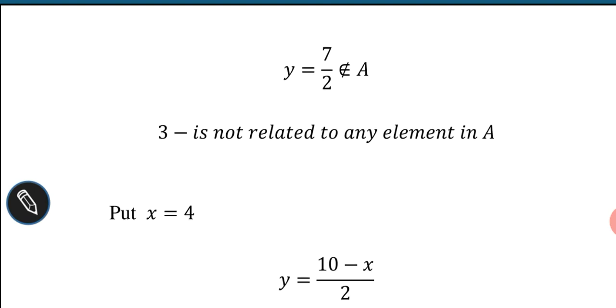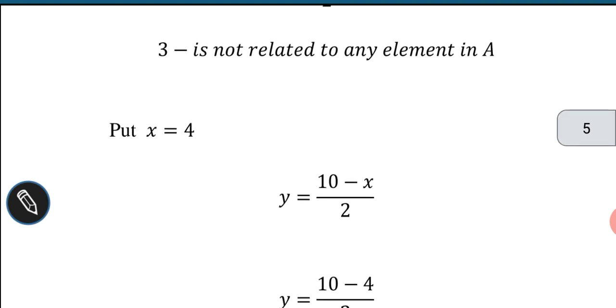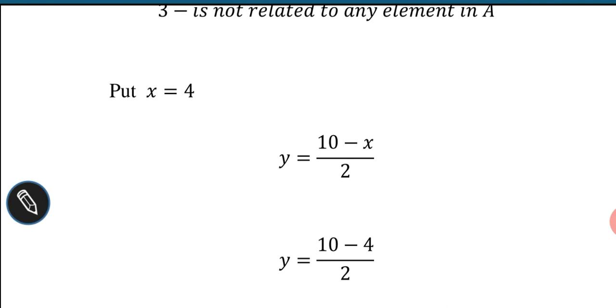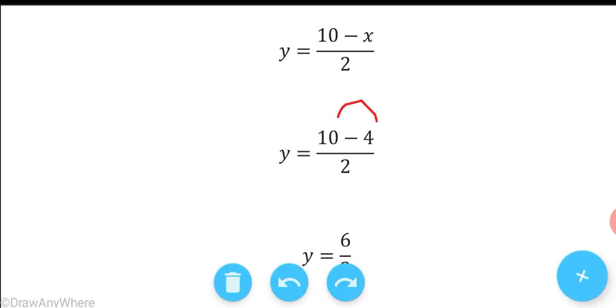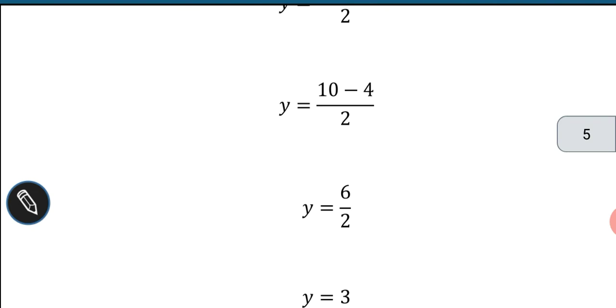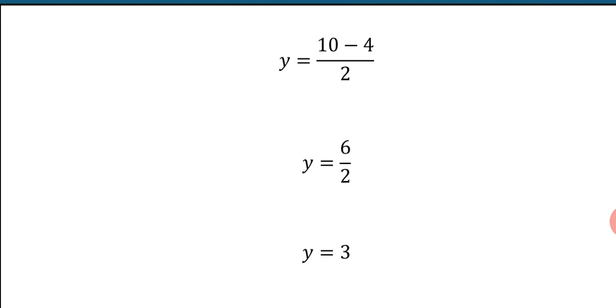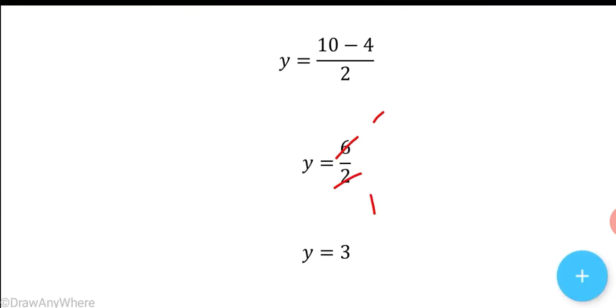So y is equal to (10 minus x) by 2. Here the value of x is 4, so y is equal to (10 minus 4) by 2, which is 6 by 2. Cancelling, 6 divided by 2 is 3.